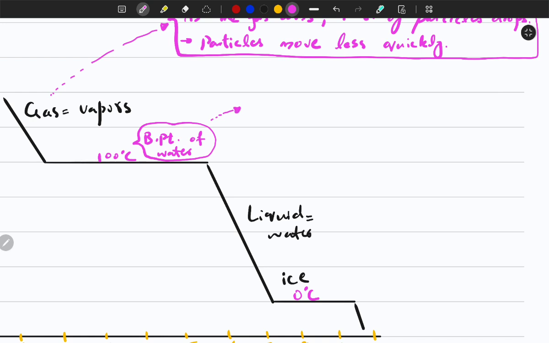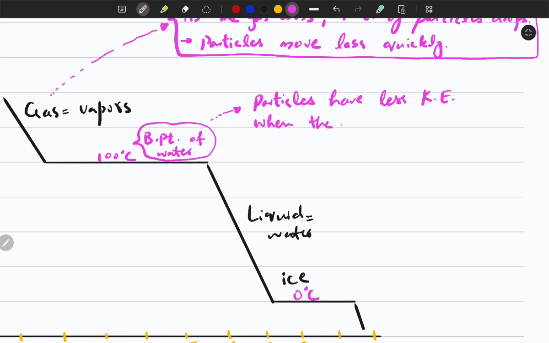All right? So particles have less energy, less kinetic energy. Kinetic energy is due to movement. So when they collide, instead of bouncing back, they would stay there, right?